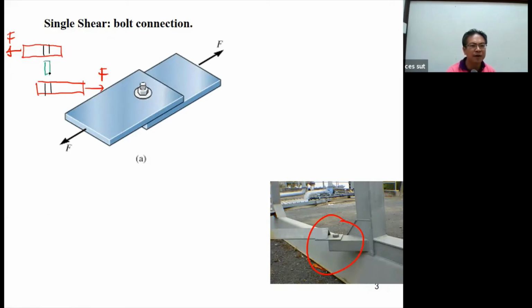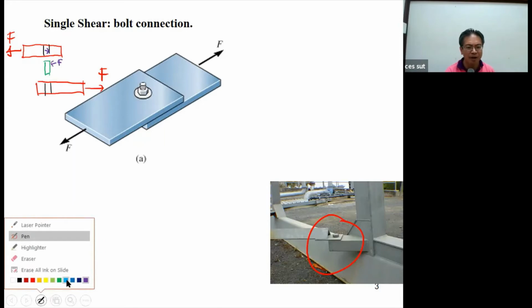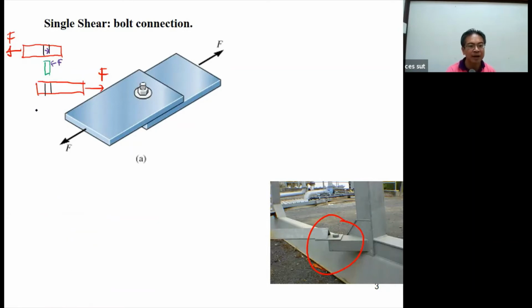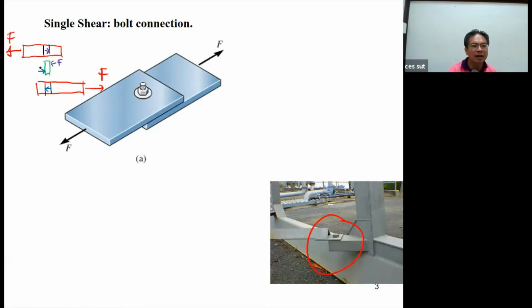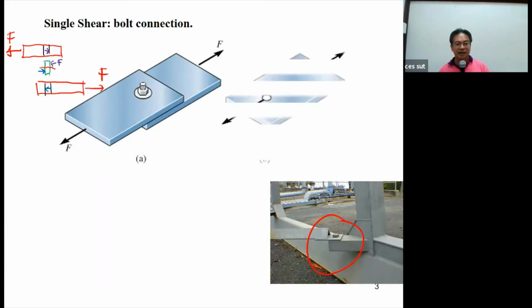For the piece to be in equilibrium, we require the force here. The force here is F, and the force on the bottom portion is going to be in this direction. So this force, by Newton's third law, will apply here. The force that acts upon the bolt will cut the bolt at one plane. So we call this single shear.